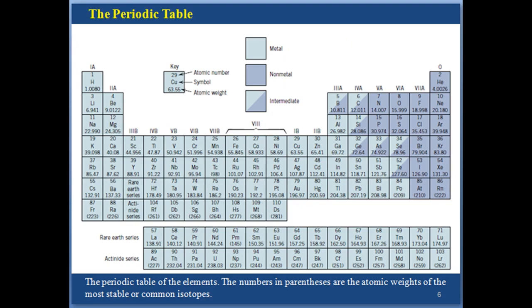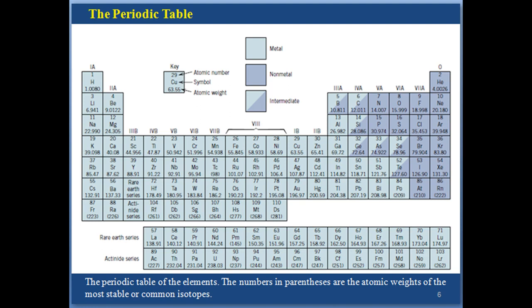Now, the next point that we are going to discuss is the periodic table. All the elements have been classified according to electron configuration in the periodic table, as shown in the figure. Here, the elements are situated with increasing atomic number in 7 horizontal rows called periods.